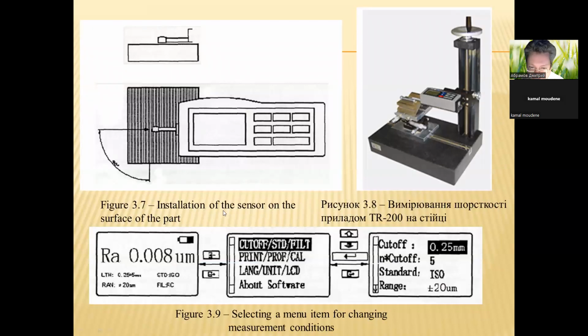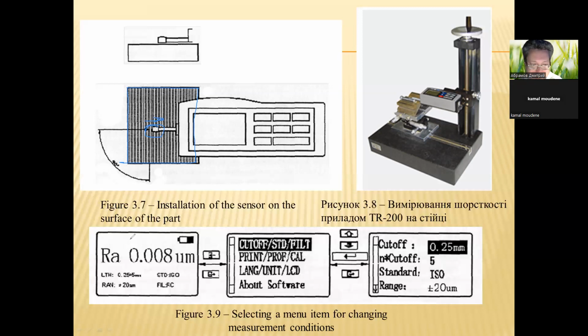It's installation of the sensor on the surface of the part. You can see the sensor of our device, and the surface of the part. When our sensor is moving, our device is measuring the roughness of our surface.